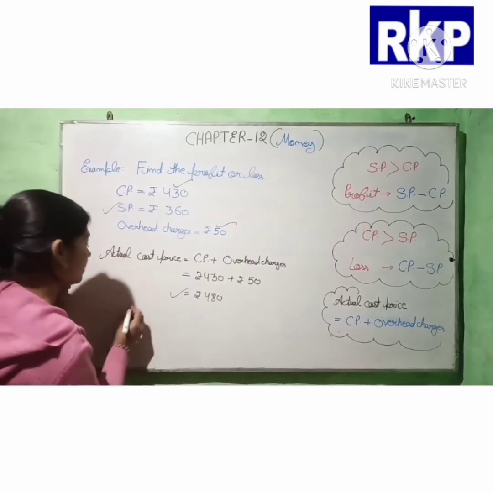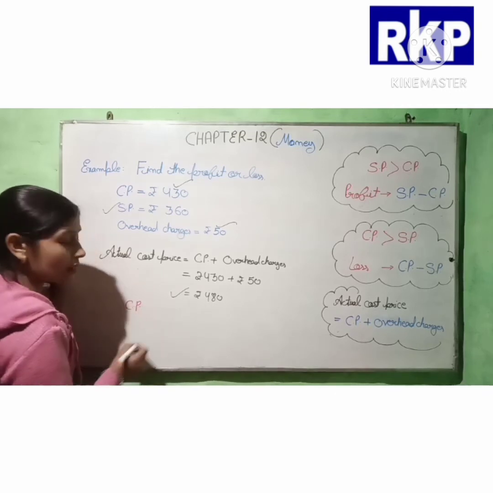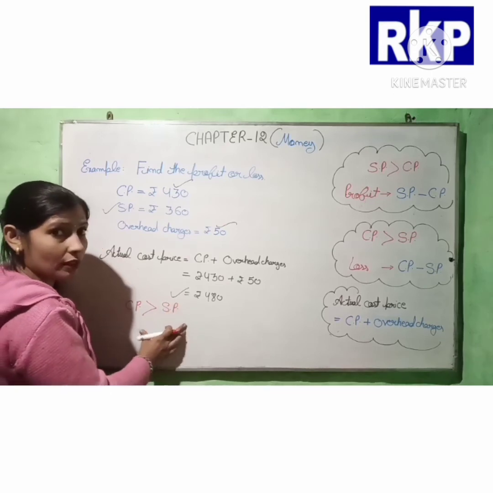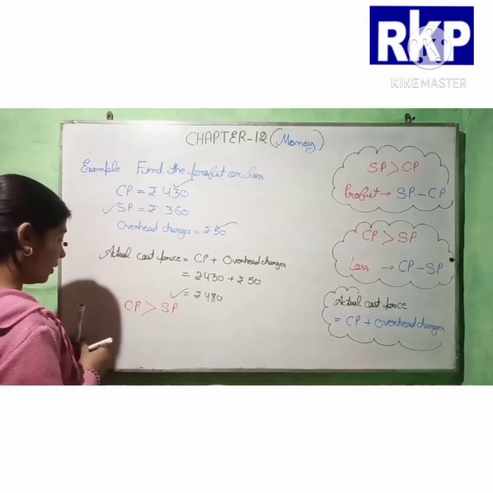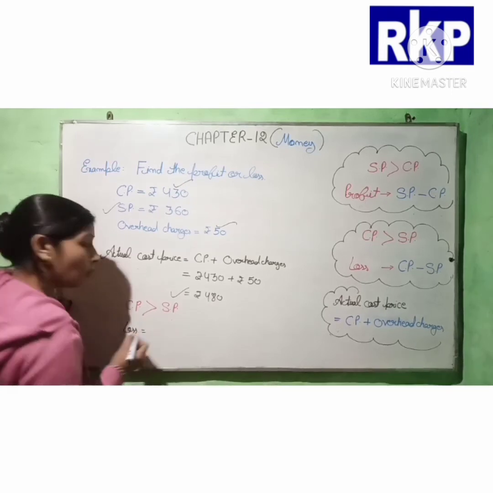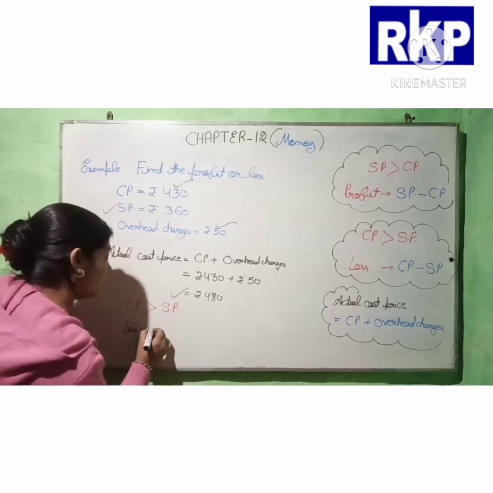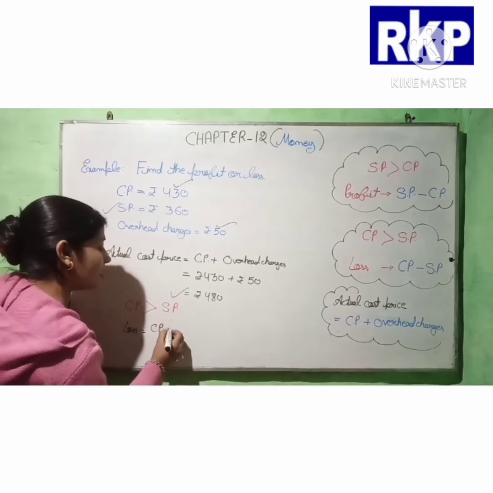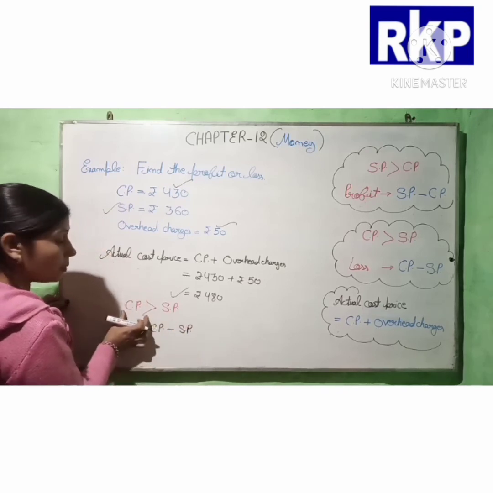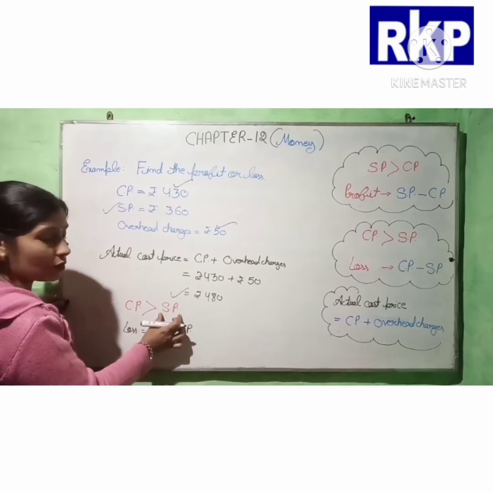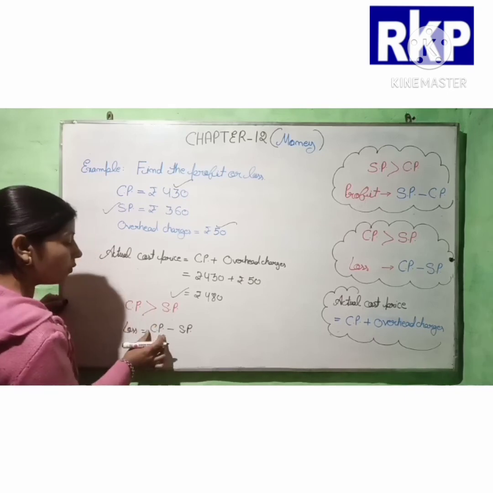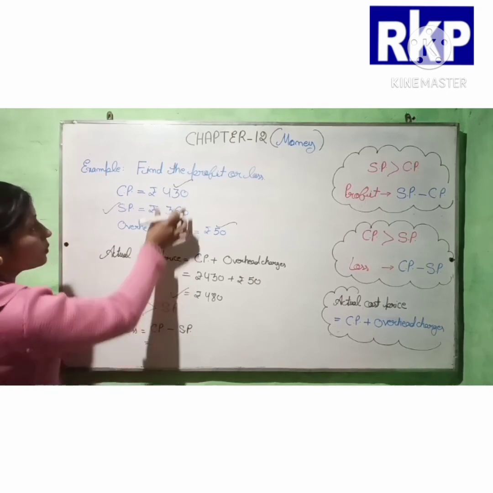First we write that cost price is greater than selling price, so there will be loss. Now we have to write the formula of loss. We have to subtract SP from CP, because here CP is greater than SP. So we write CP, and what is the value of CP?